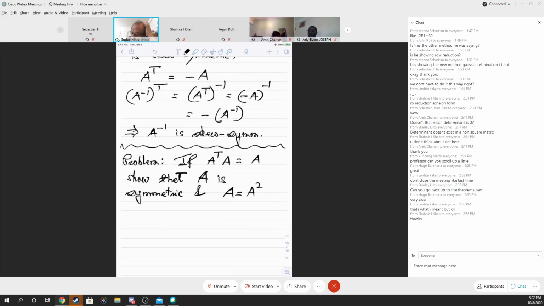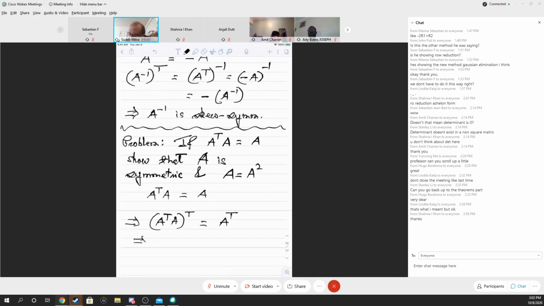Let's see. So I want to show that A is symmetric. If A is symmetric, then it is easy. Okay, I see. So A transpose A is A. That implies A transpose A transpose is A transpose.